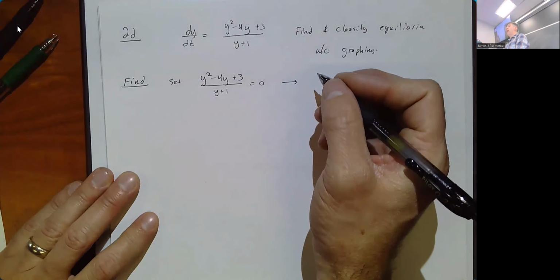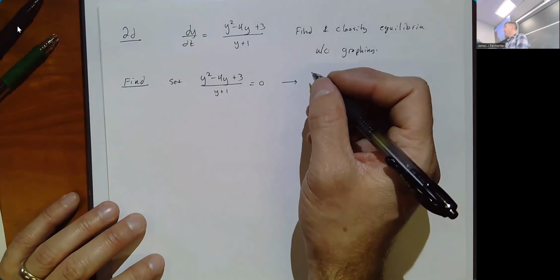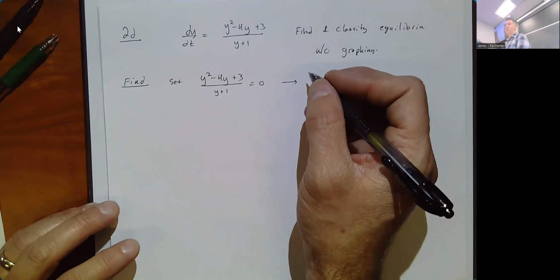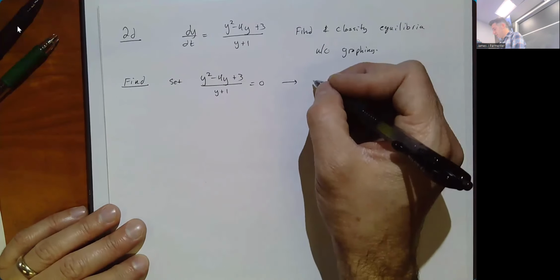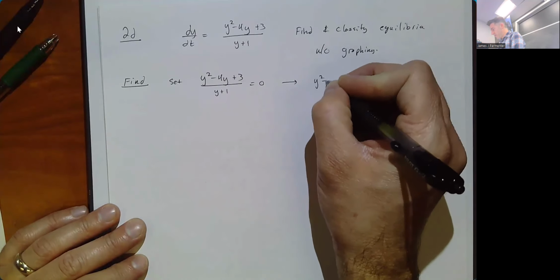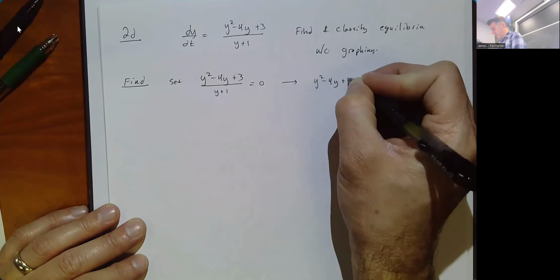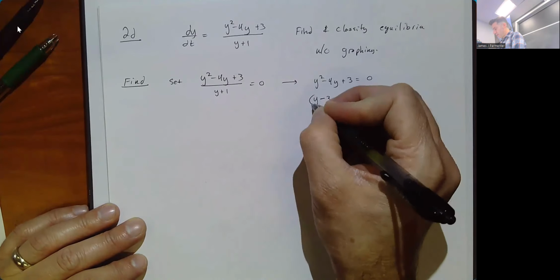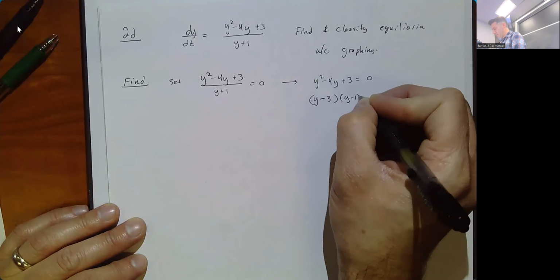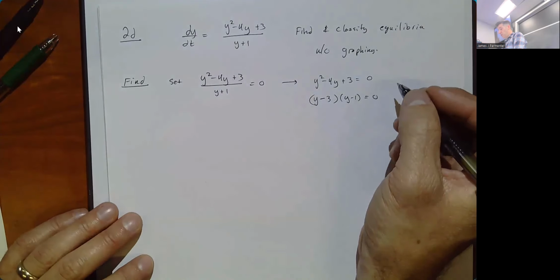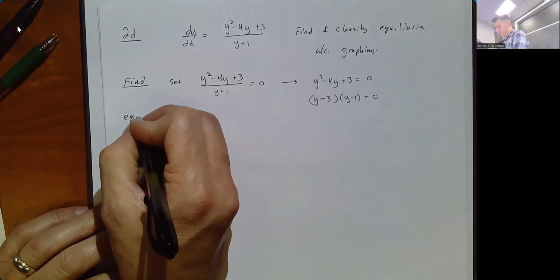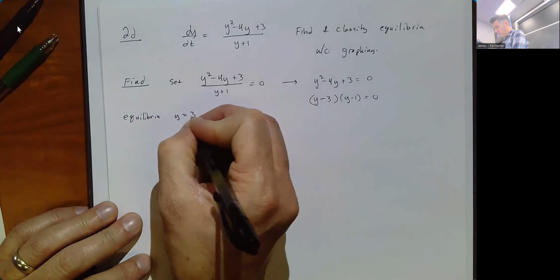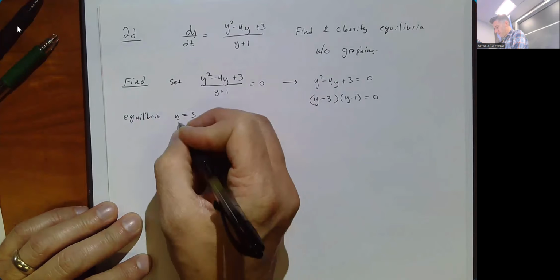When you're setting a fraction equal to 0, we really just care about when the top is 0 because we don't want to divide by 0. That's undefined. So we're really just going to look at y squared minus 4y plus 3 equal to 0, and that factors as y minus 3 times y minus 1. So our equilibria are y equal to 3 and y equal to 1.